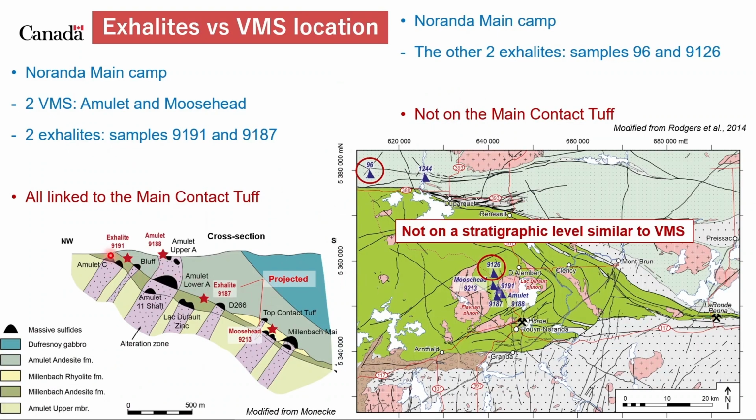The exhalites with seawater sulfate influence are also on the main contact tuff, while the exhalites that do not show any seawater sulfate influence are not on this main contact tuff. So it's really interesting. It can be used as a vectoring tool to target VMS deposits.